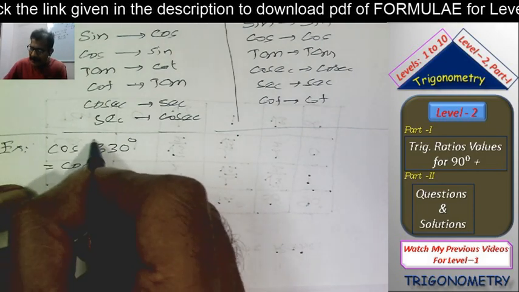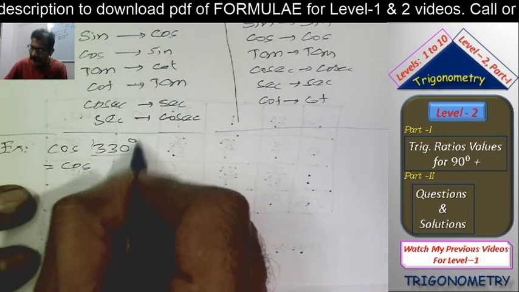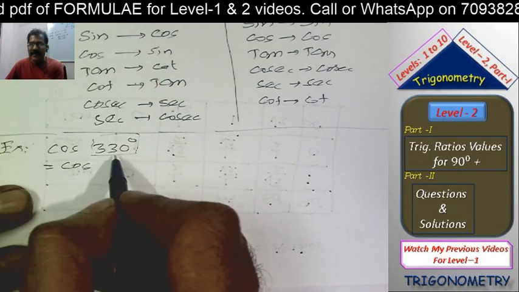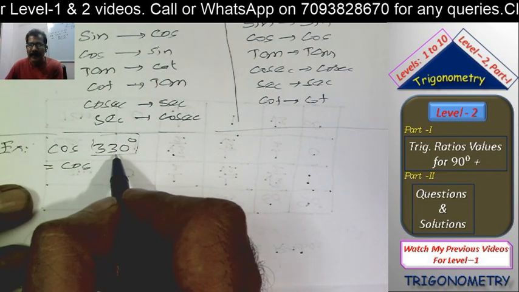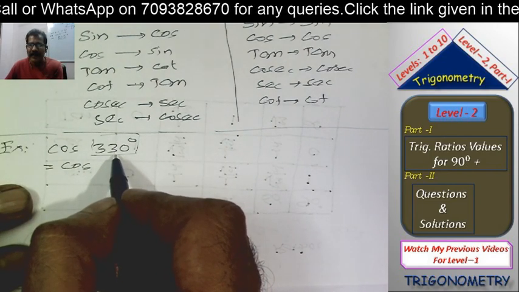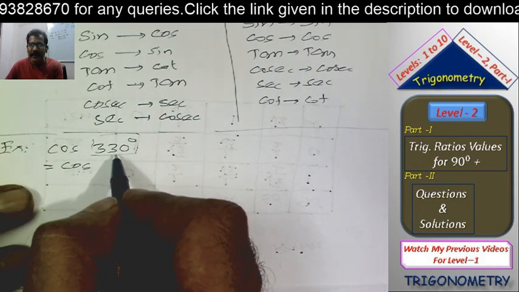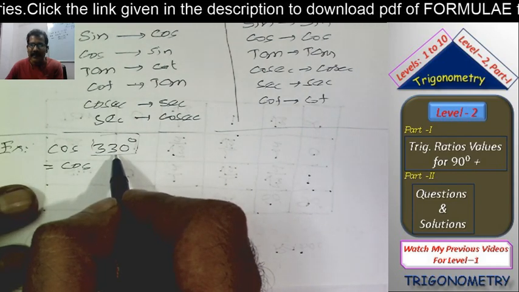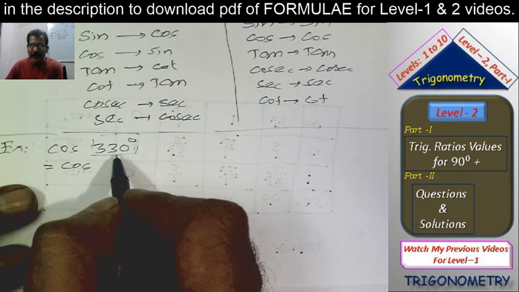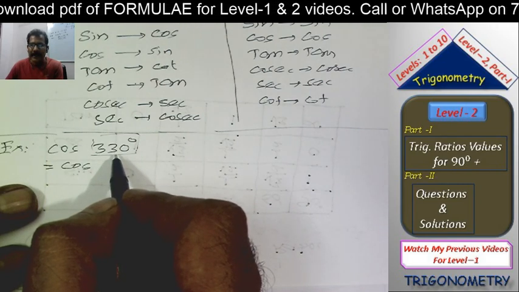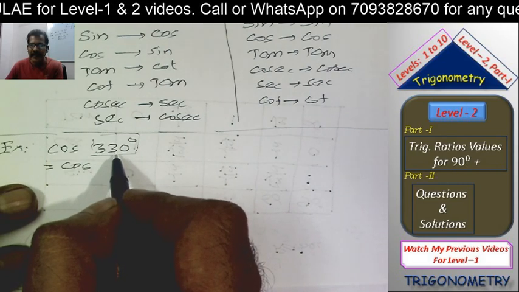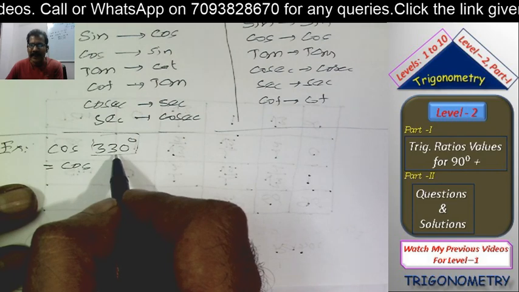Here, whatever the angle, if it is above 90, write down this as a combination of 90 plus or minus, or 180 plus or minus, or 270 plus or minus, or 360 plus or minus. But when you are using 90, 180, 270, 360, prefer the highest value.